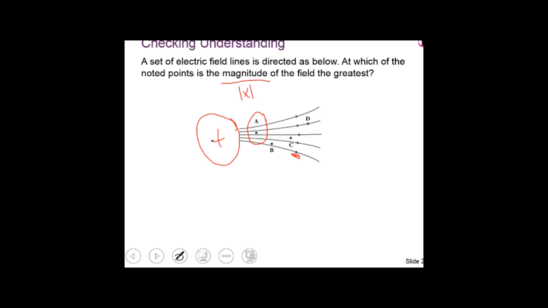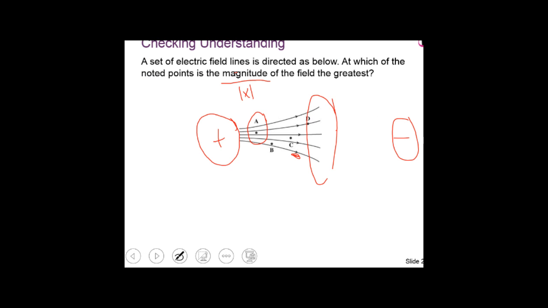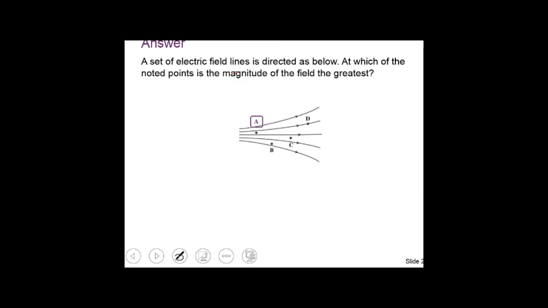They might be going to a negative charge, but if it is, it's very far away, because all I see is this getting weaker and weaker, not coming back around like it would in a dipole. Dipole, D-I-P-O-L-E, is just when I have two opposite charges right next to one another. Okay, so I can assume this is from a positive charge, and A has the strongest electric field. And that makes sense because A is the closest.